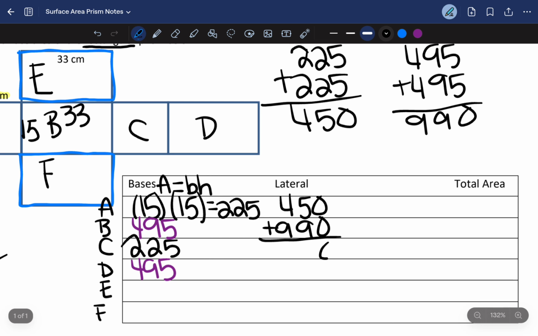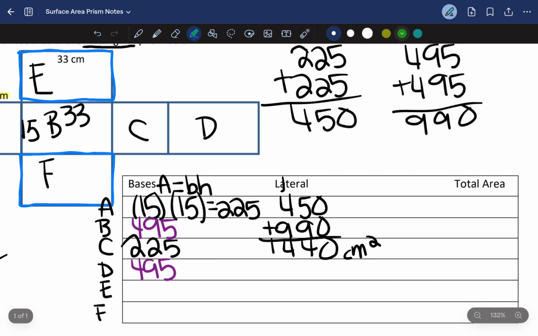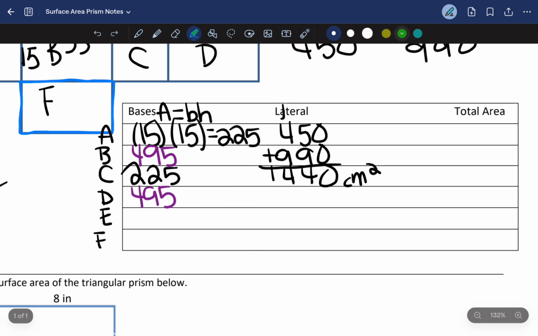So if I add those two up, I get 1,440 centimeters squared. And I am going to separate this just real quick by color, just so that we can see the difference between these. Straight line, straight line. There we go. Okay, so that's lateral surface area.